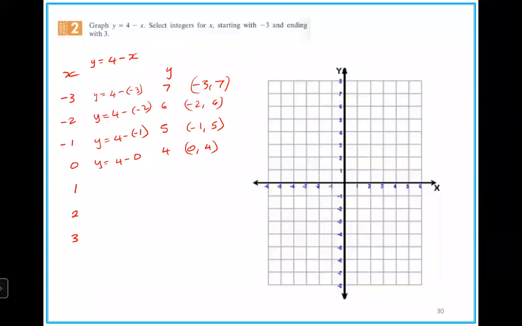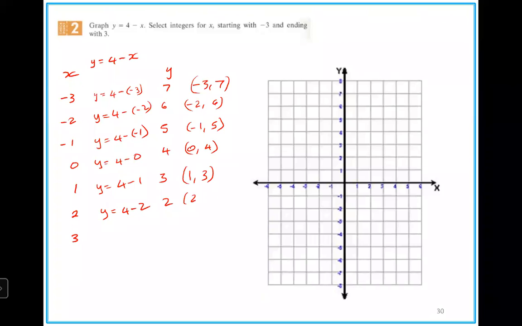y equal to 4 minus 1, so y will be equal to 3. So that's going to be 1, 3. y equal to 4 minus 2, y is equal to 2.